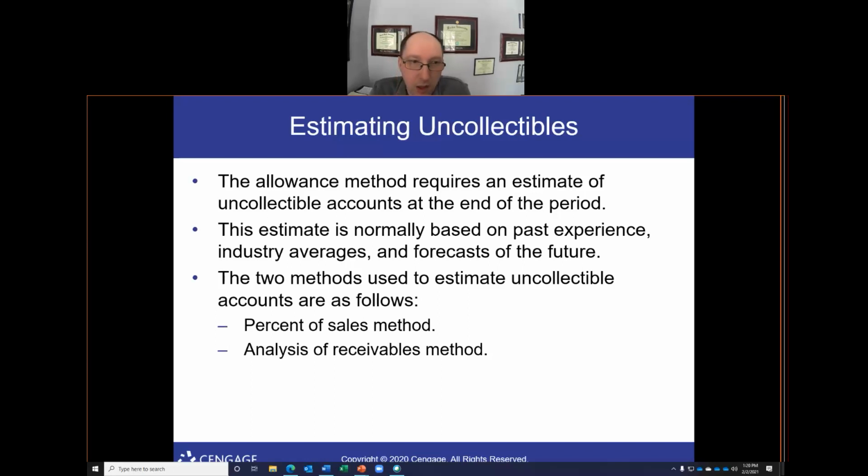You can estimate your uncollectibles by looking at your past experience, the industry averages, and the forecasts in the future. There are two methods for analyzing this: as a percentage of sales, which is what I typically do, and an analysis of receivables.